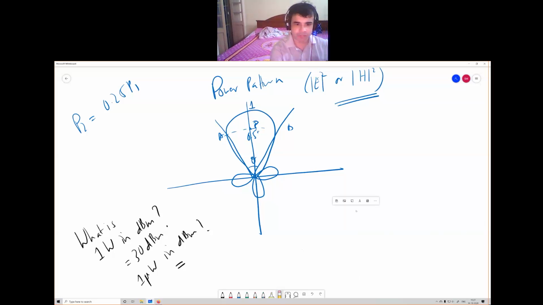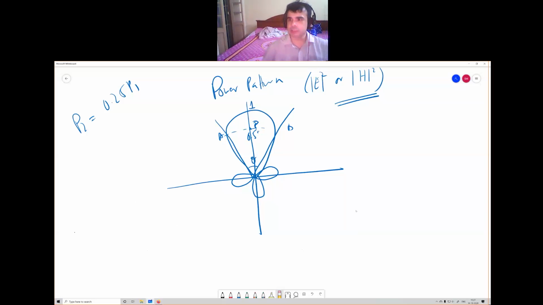It's beamwidth, not bandwidth. Bandwidth of an antenna is also very important, but here we are focusing on beamwidth. So how to find the half power beamwidth when we plot E in dB scale?